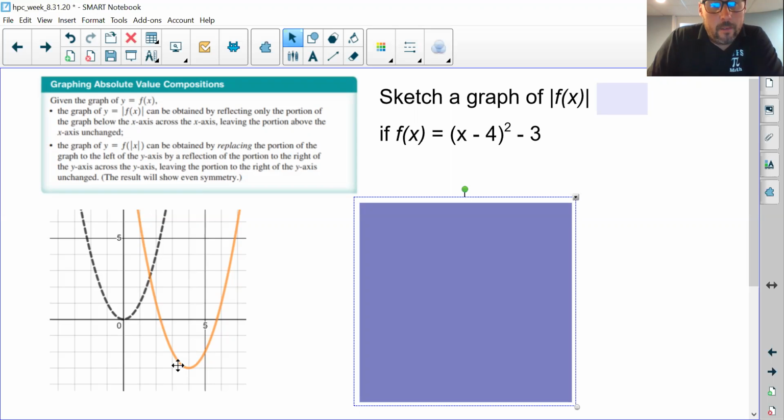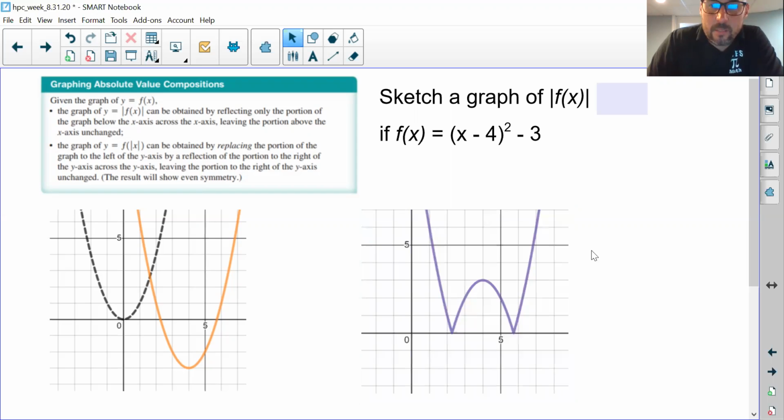So picture in your head what this orange parabola will look like after you take the absolute value of all the y values. If you got something like that, congratulations, that's fantastic. Notice the left and the right arms, they just stay the same. That's part of the original parabola because they're positives, and if you take the absolute value of a positive, guess what? You get the same thing.